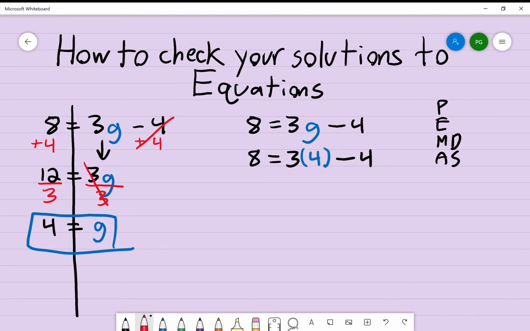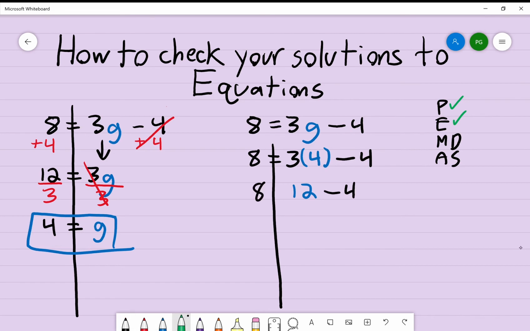Okay, so PEMDAS, now all I have to do is draw my balance, draw my scale, and I solve. Okay, there is no parentheses, there are no exponents, there is multiplication. 3 times 4 is what? 3 times 4 is 12. Okay, now let me move on down.